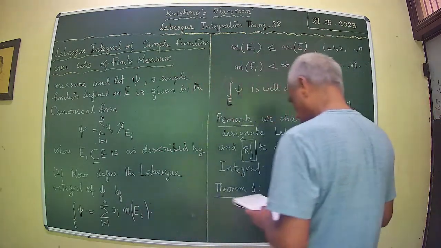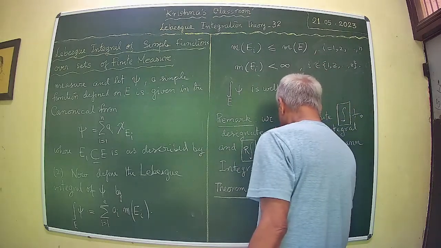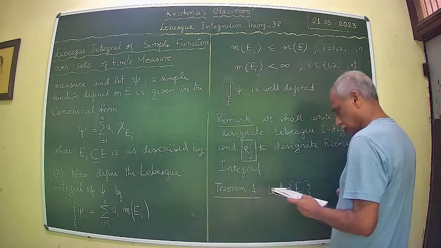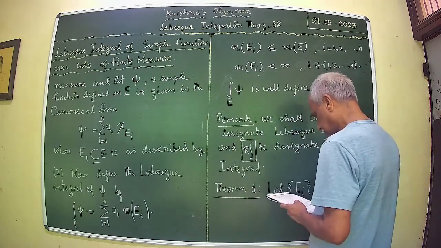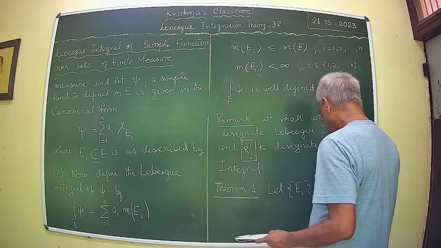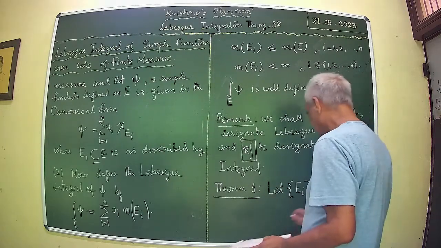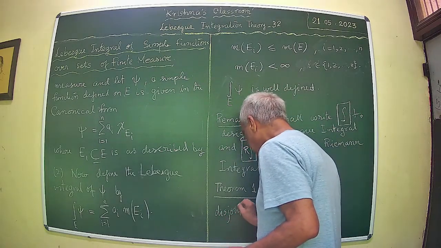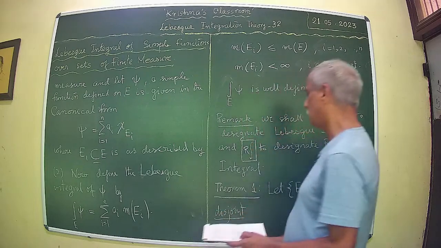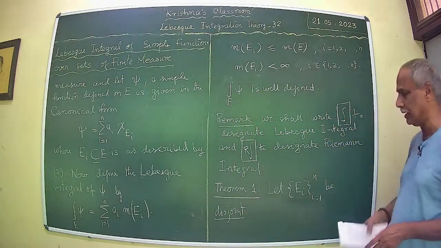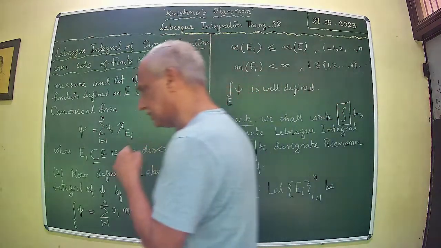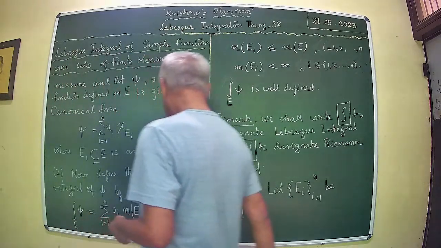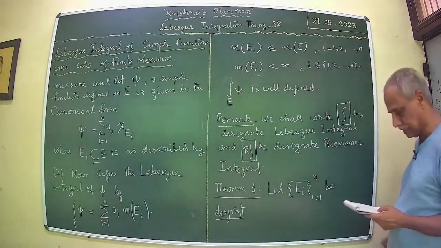So let the collection E_i be disjoint. Now we use this condition for the time being, but later you can see that this also could be removed in the statement.